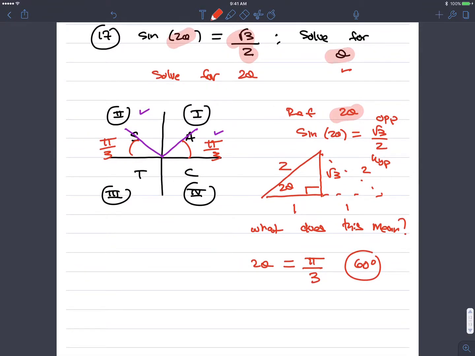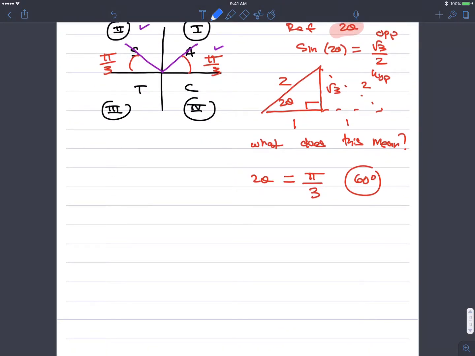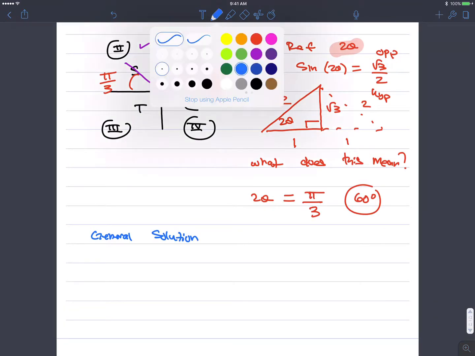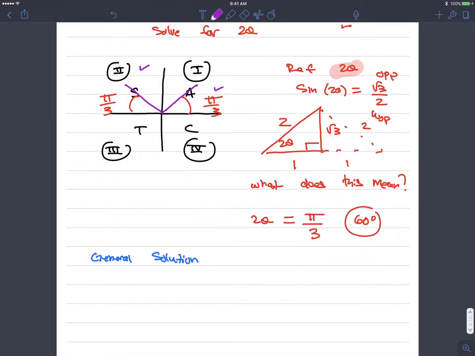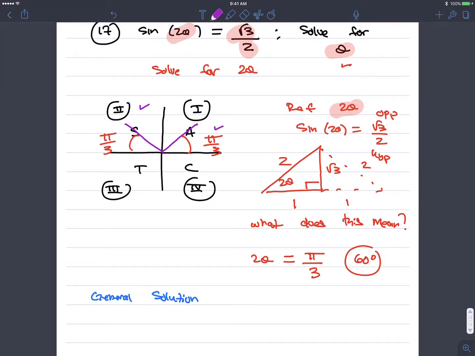Now, here's what I want to say to you guys. I want you to go straight to the general solution. Go straight to the general solution. And I'll show you why. Okay, so let's consider this, right? We know that this angle here, now I don't know what to call this angle because we solved for 2 theta.